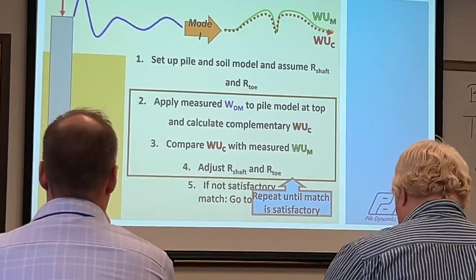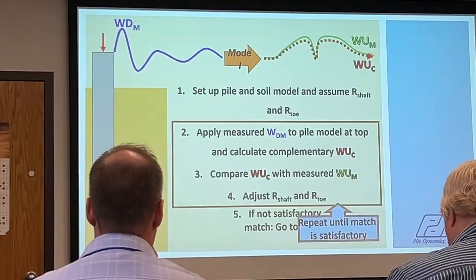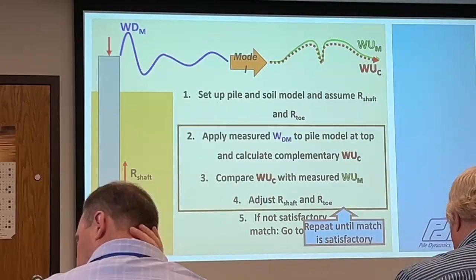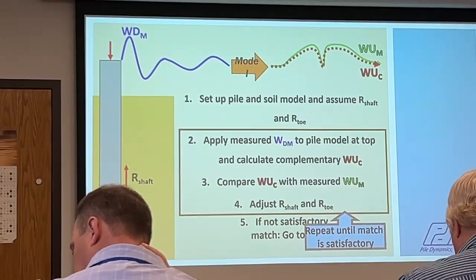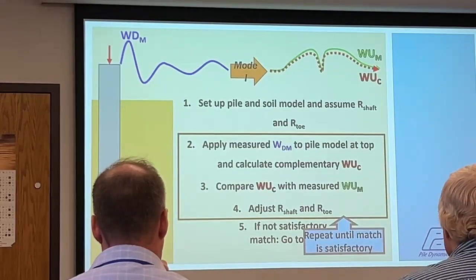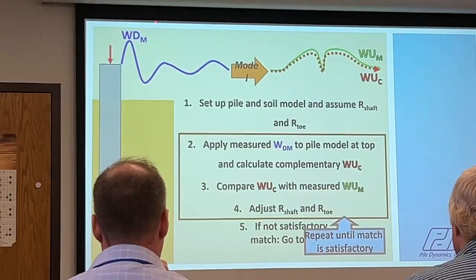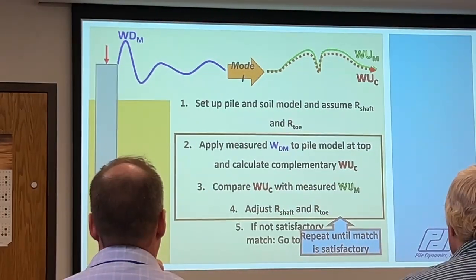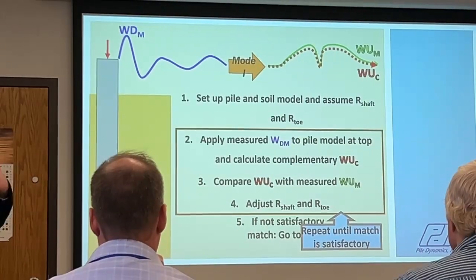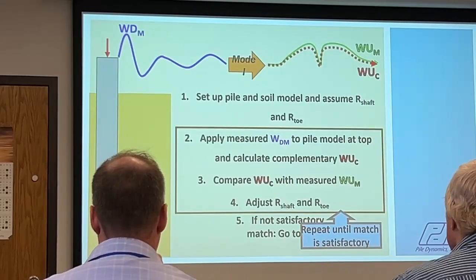We then look at the computed wave up and compare it with the measured. So remember, we're measuring force and we're measuring velocity. And so we could input force and match velocity. We could input velocity and match force, or we could input a combination of them in the wave down and match the wave up. I like to do wave up because you can directly determine things about the resistance. And you can directly interpret things about the resistance.